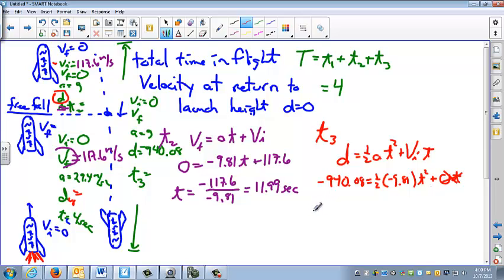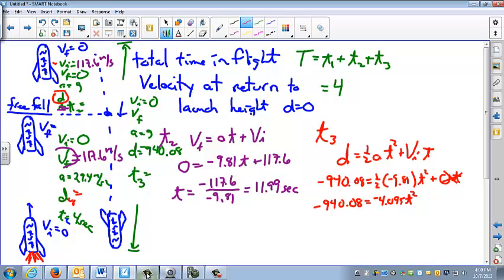So I've got a fairly simple quadratic. Negative 940.08 equals 1/2 times negative 9.81, let's do that multiplication real quick, so that's negative 4.095 T squared.